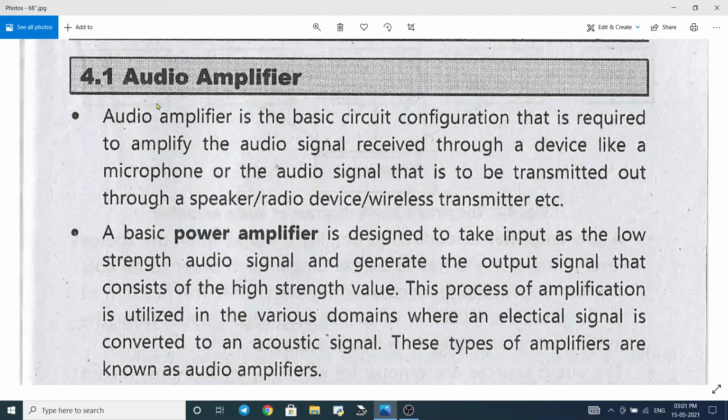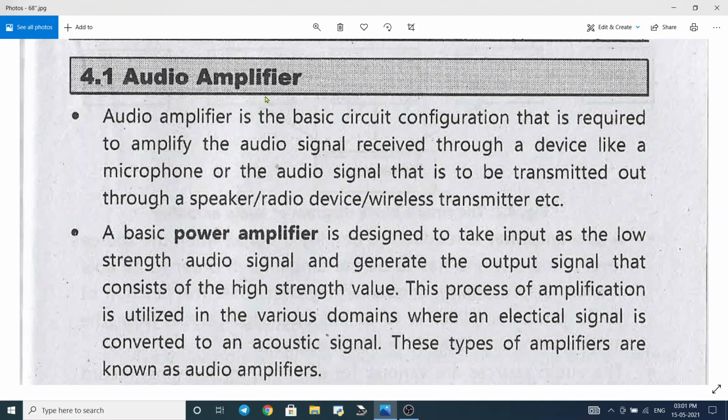The sound signal which can be heard by human ears has the frequency range 20 Hz to 20 kilohertz, called the audio frequency range, and the electrical signal in this frequency range is called an audio signal.